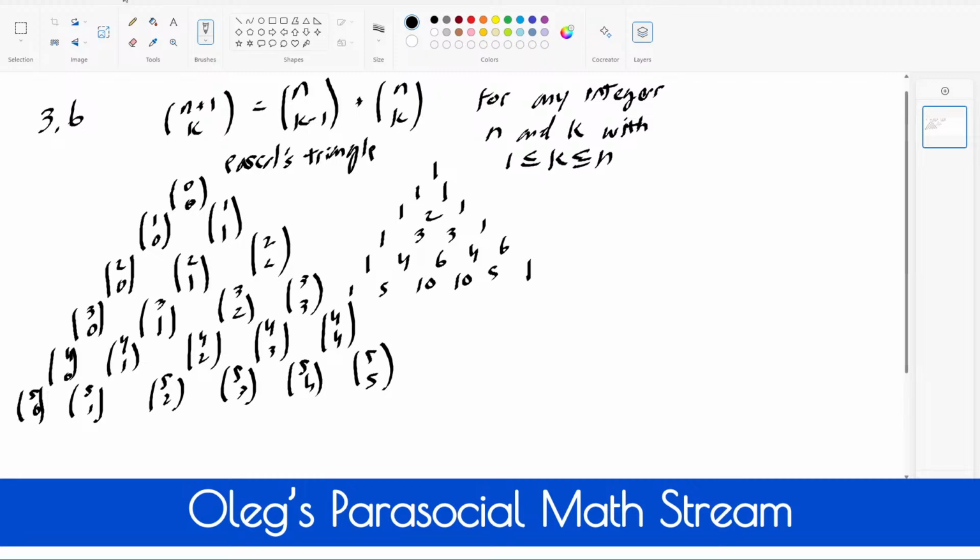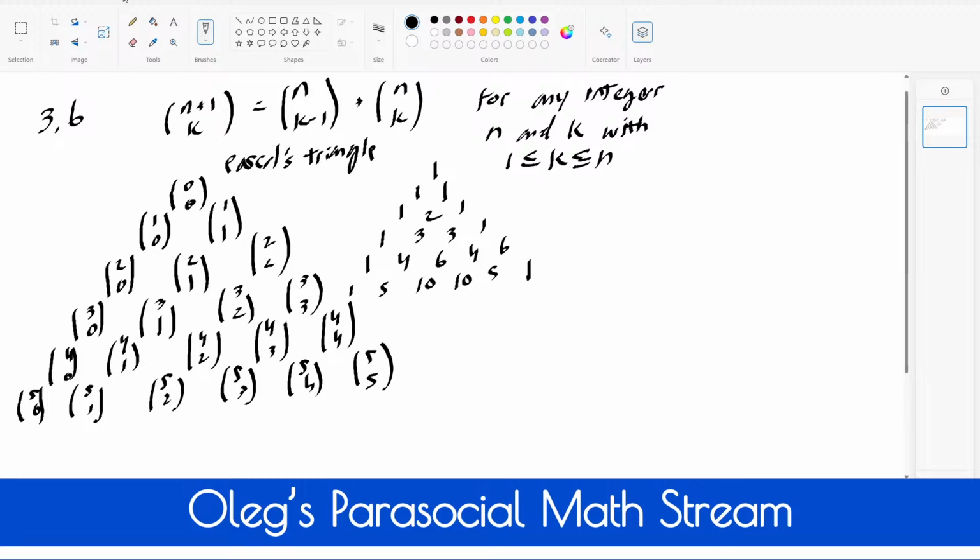All right, continuing on here. So we're adding two numbers in. Any n choose k can be computed this way.